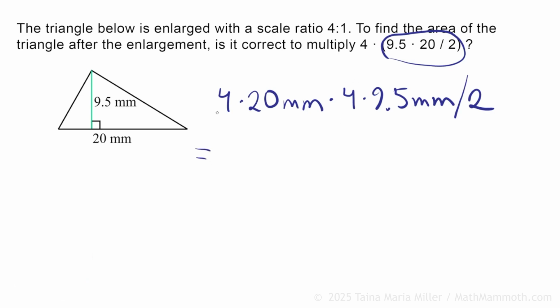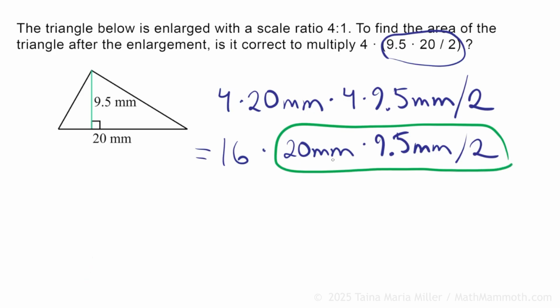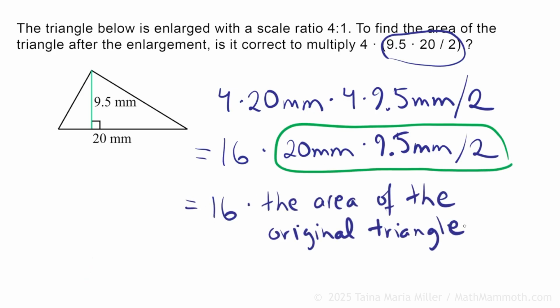This becomes, though, 4 times 4 is 16, and then we have the base times the altitude of the original triangle here divided by 2. So this is the area of this triangle. So again, we take the square of the scale factor to find the area. Scale factor being 4, and now we get 16 here.